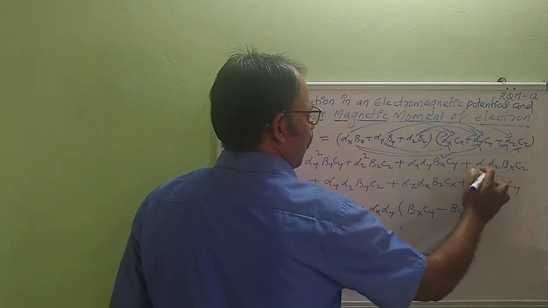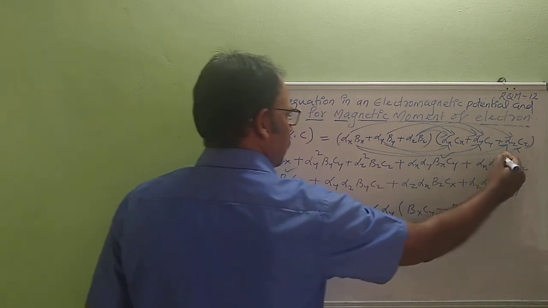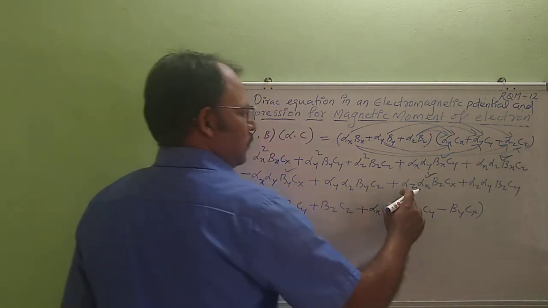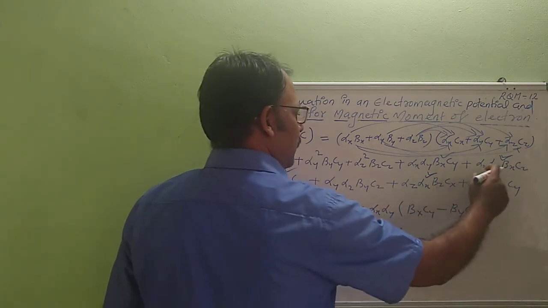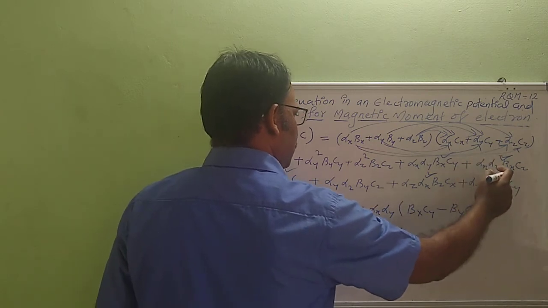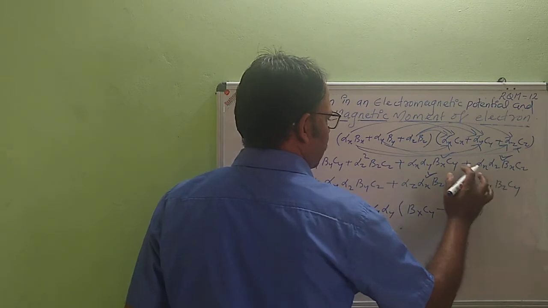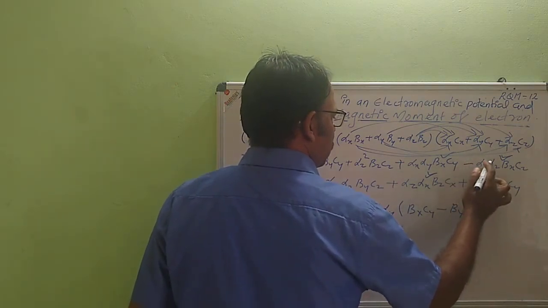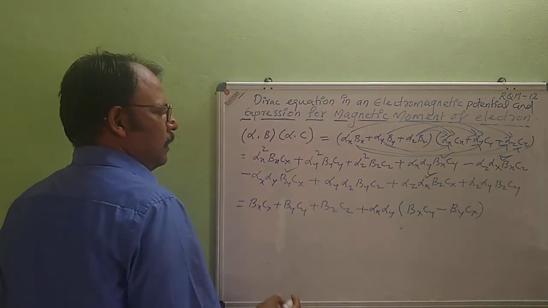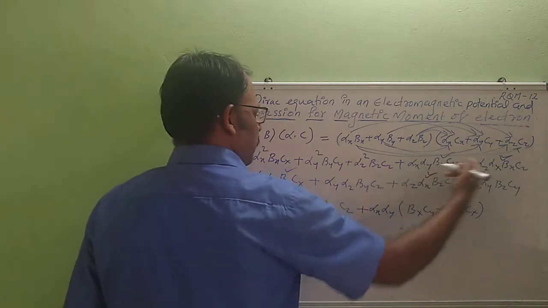Now take the term alpha x alpha z, and here alpha z alpha x. Since they are anti-commuting with each other, we can write alpha x alpha z as minus of alpha z alpha x. Now take alpha z alpha x common from both these terms.